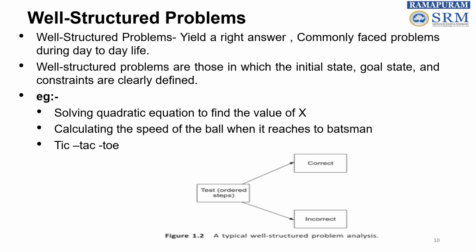When I place X, the opponent will place O. Again I need to place. All the constraints are given clearly. So you will get either correct or incorrect. Outputs you will get definitely, yielding a right answer. So this is called a well-structured problem.